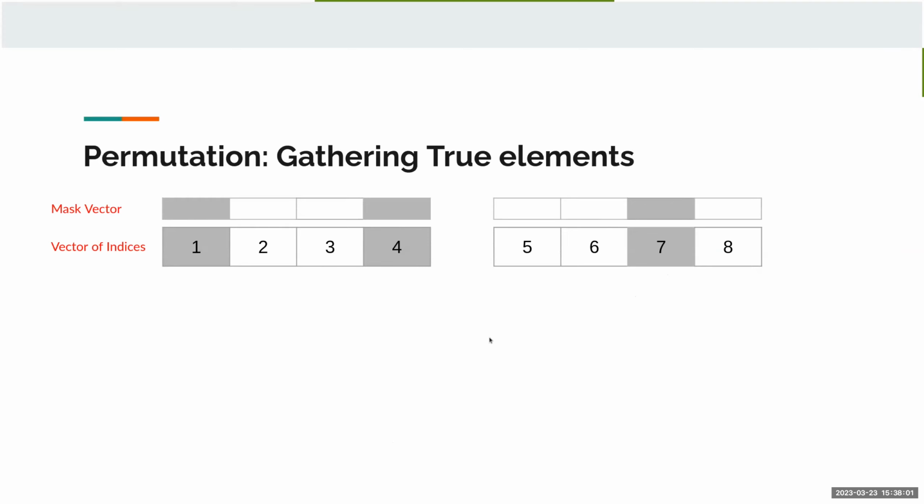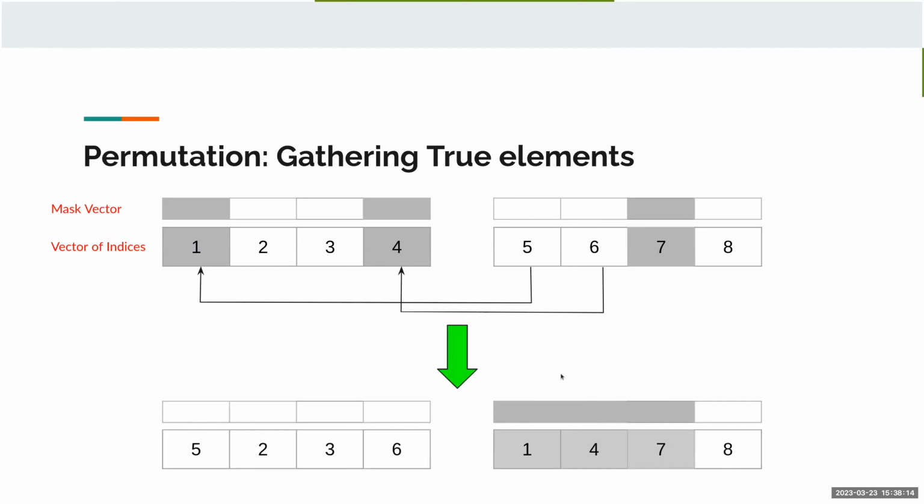What we want to do is put all the active lanes we can in the first vector and everything that remains in the second one. If we do permutation for these vectors, we will end up with something like this. Now you see the vector on the left side is completely true. We call it a uniform true vector. And the right one is a combination of true and false cases. We do this with those vector manipulation instructions that we know are very fast.